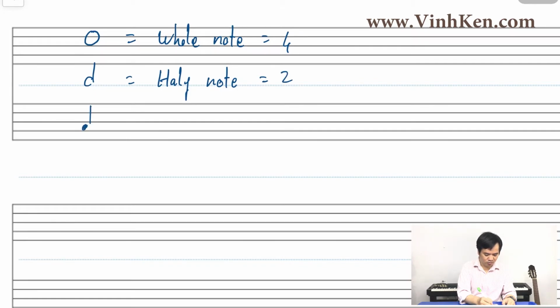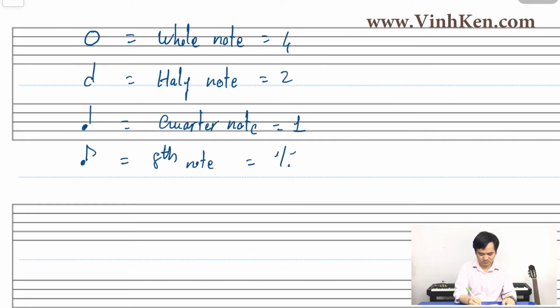We have a quarter note equal to 1, right? We have eighth note.